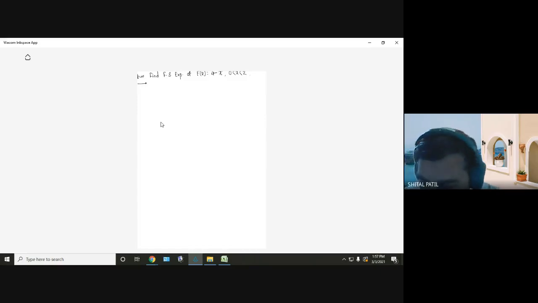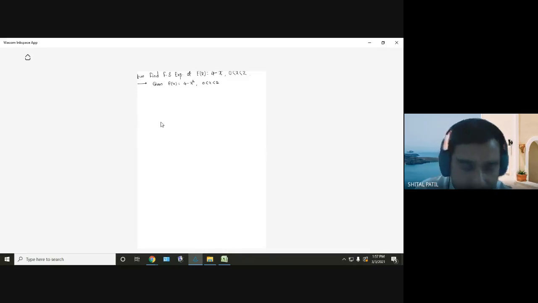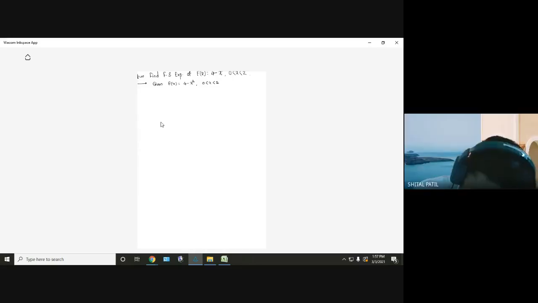So, solution. Given f of x equal to 4 minus x square, x between 0 to 2. Okay, so x square है ना सर, 4 minus x square. Acha, हाँ, it is not visible over there, na? हाँ, so it is 4 minus x square.